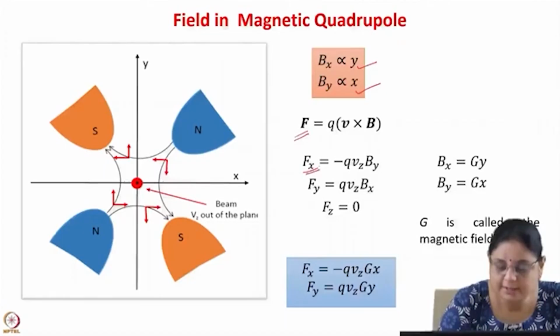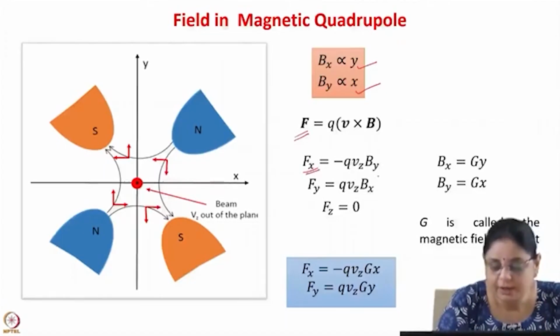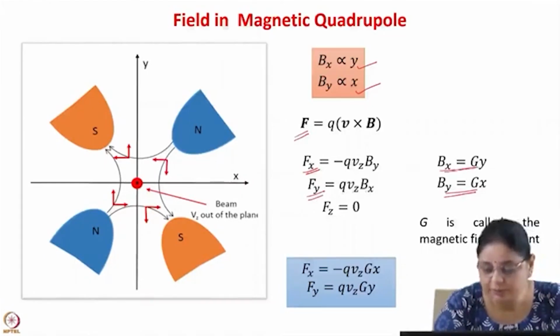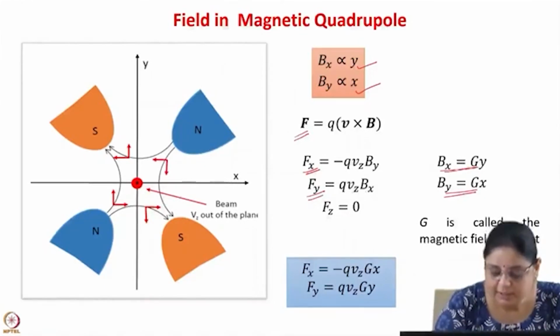So we can calculate the force due to this magnetic field. Now Fx is equal to minus Q Vz By, and we know that By is equal to Gx. Similarly Fy is equal to Q Vz Bx, and we know that Bx is equal to Gy. So substituting here, we get Fx is equal to minus Q Vz Gx and Fy is equal to Q Vz Gy.